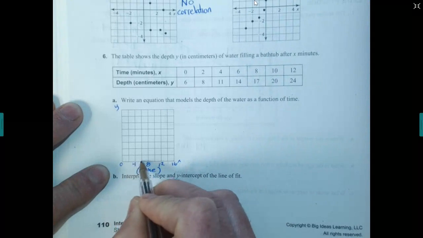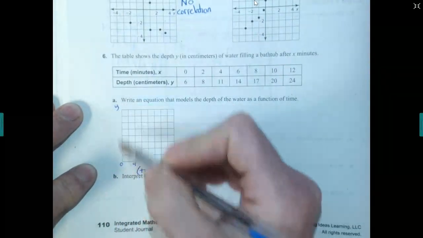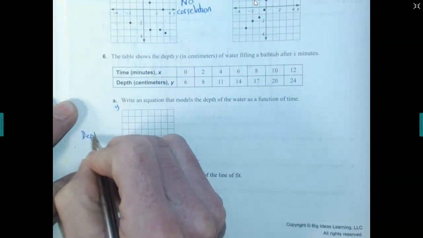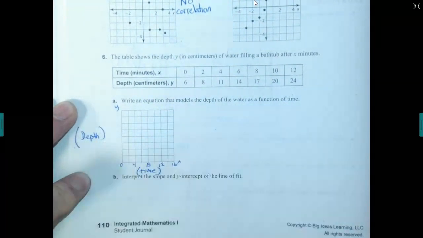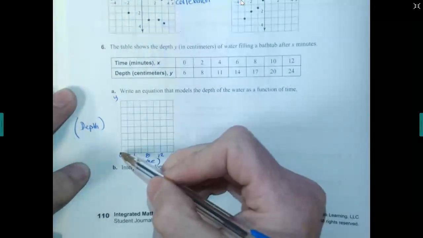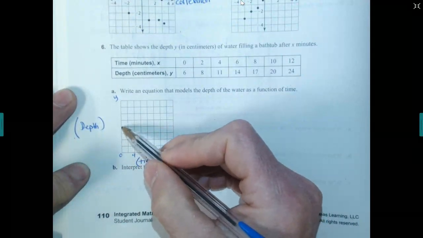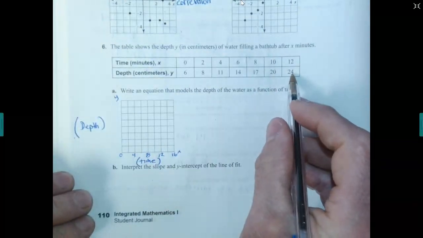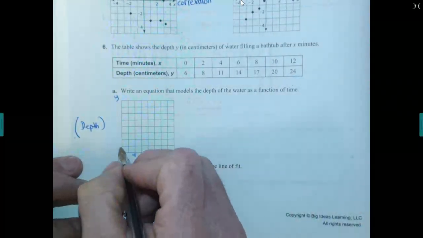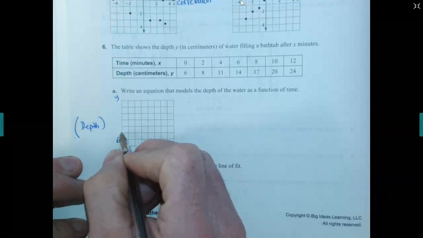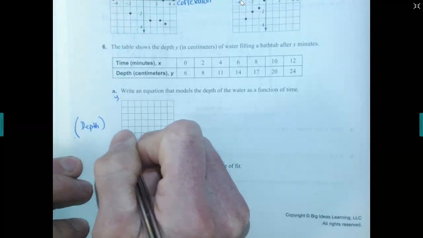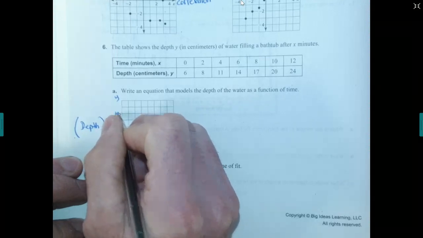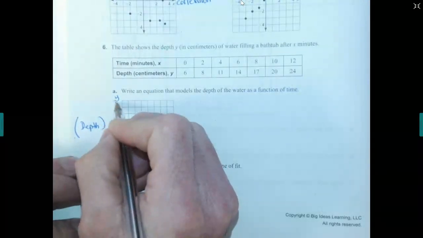Now going up for our depth, we have 1, 2, 3, 4, 5, 6, 7, 8. We have 8. And we have 24, so let's go by 3s. 3, 6, 9, 12, 15, 18, 21, 24.